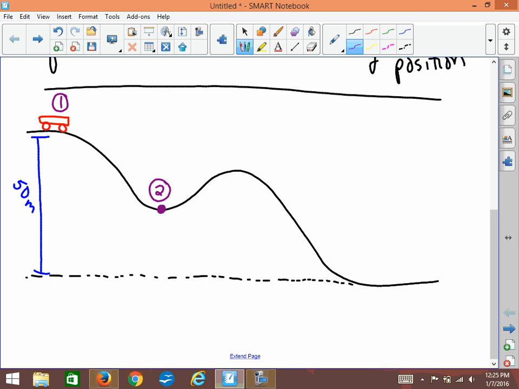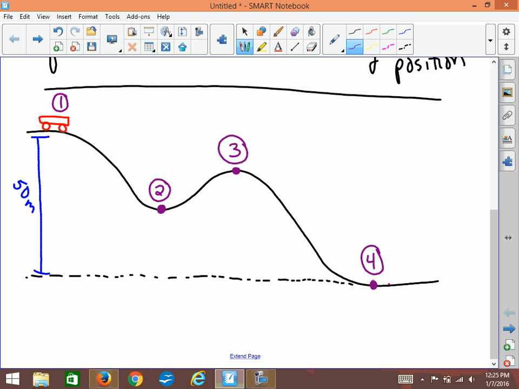Position 3 will be right here at the top of the second hill, or you could say the first hill after the initial drop. And position 4 will be right down here, almost at the end, as it rolls off the last hill.